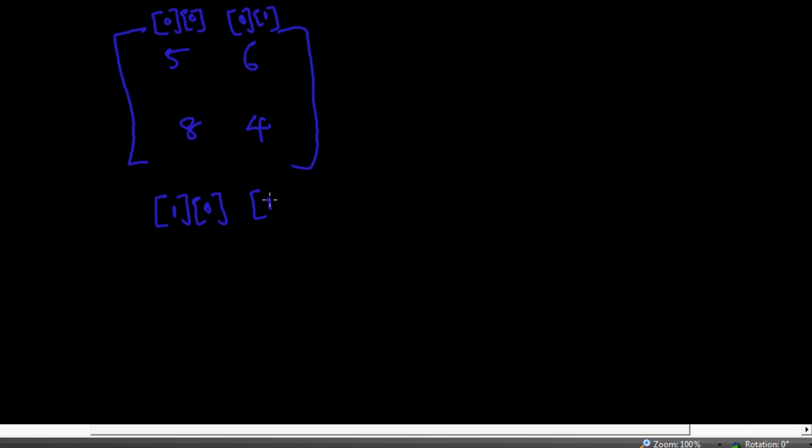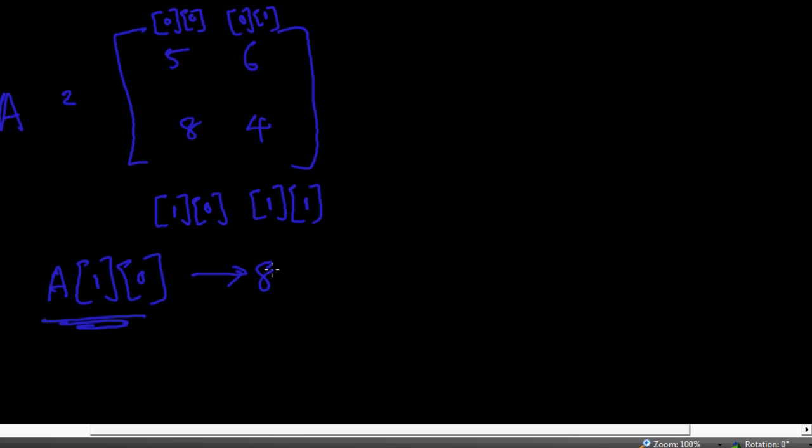You have to remember the coordinates that I've taught. Let's say 5, 6, 8, 4. The coordinates for 5 over here is 0, 0. For 6 is 0, 1, 1, 0, and 1, 1. So if the name of this variable is A, I can just call A[1][0], and it will give me 8.